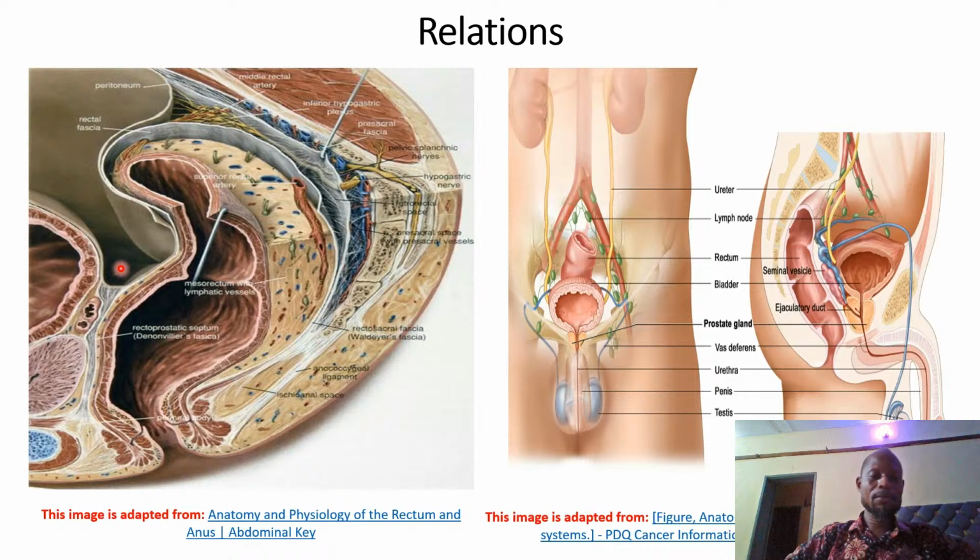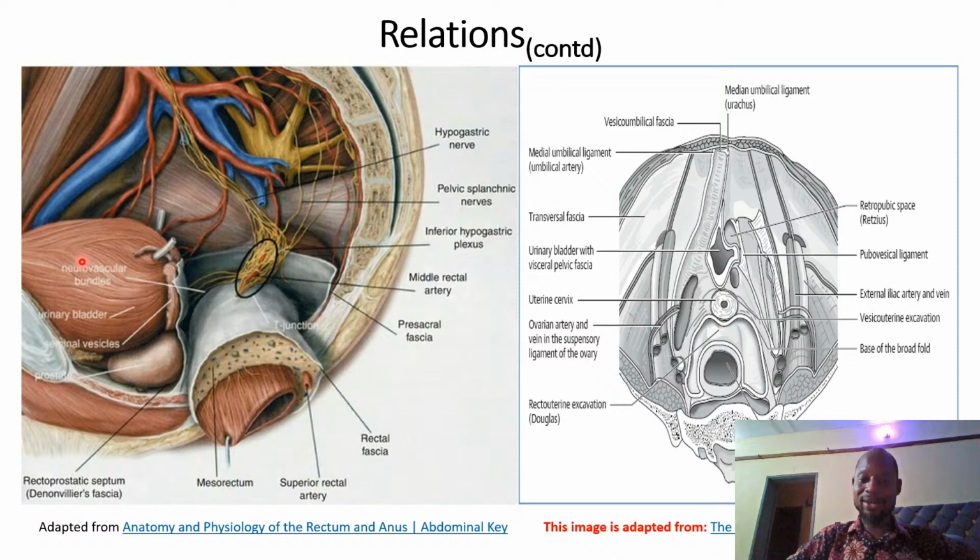This pocket of fluid exists between the rectum posteriorly and the bladder anteriorly, and so it's named according to the two structures involved: the rectovesical pouch.